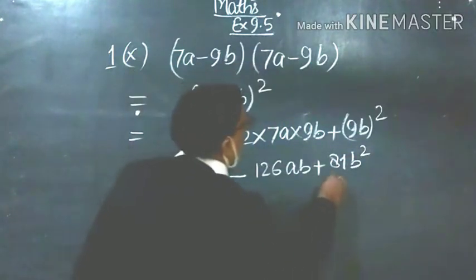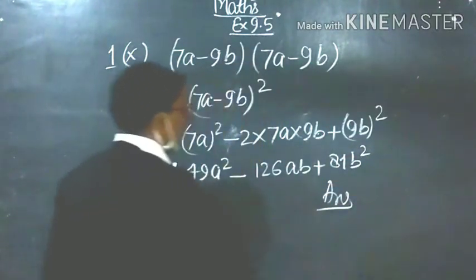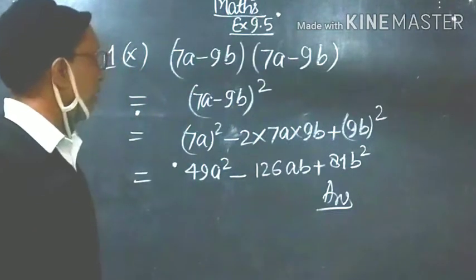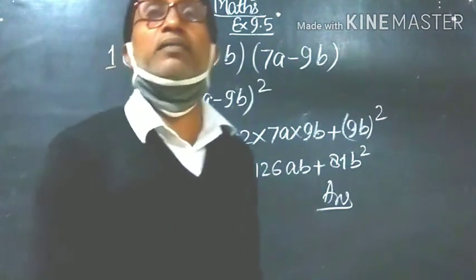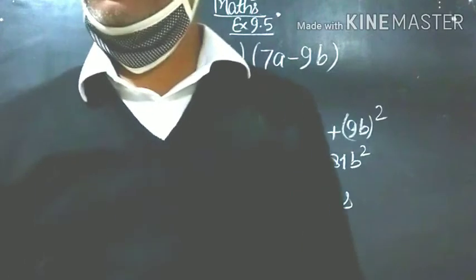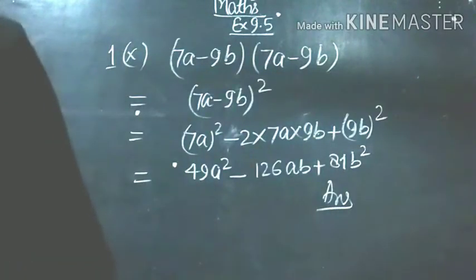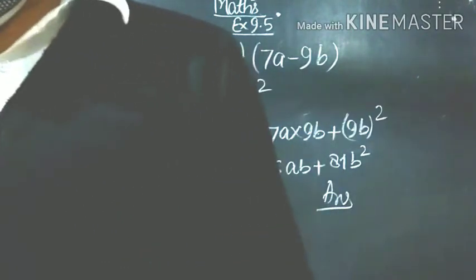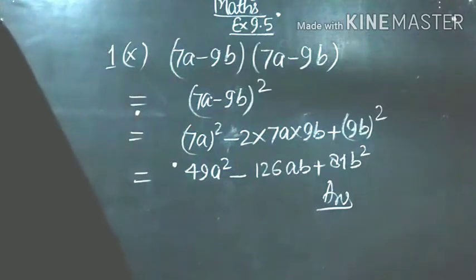This is your answer. This is the product of (7a minus 9b) into (7a minus 9b). Like this, we are also able to solve another part of this question.